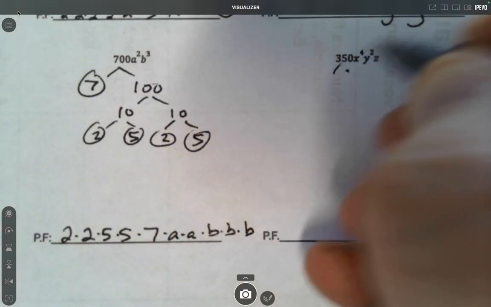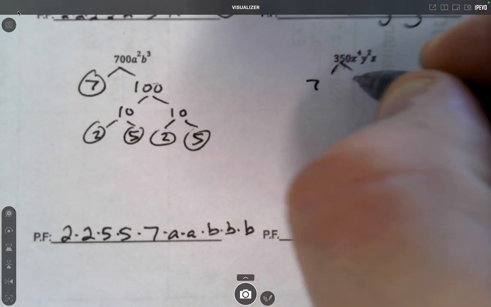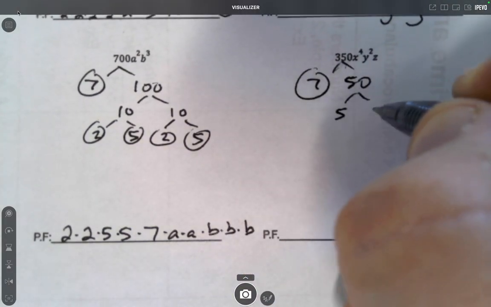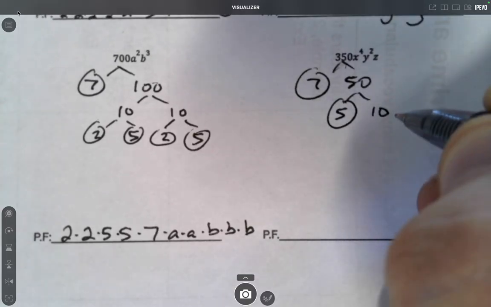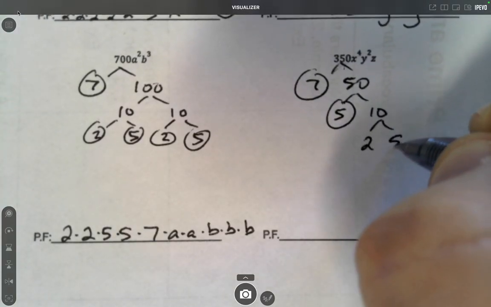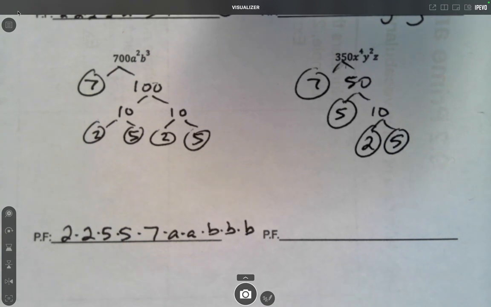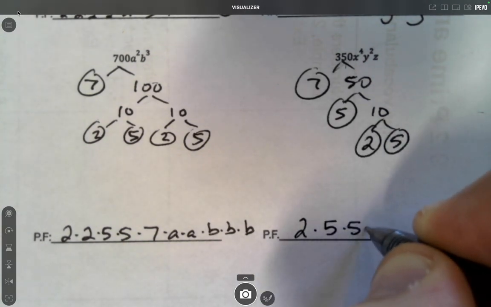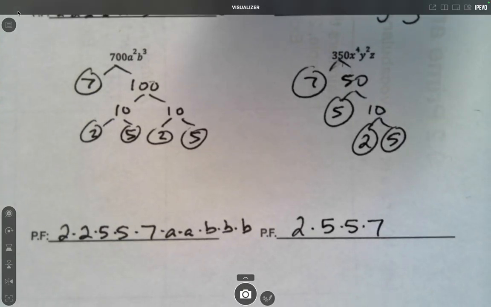Okay, 350, got 7 times 50, 7's prime. 50, we got 5 times 10, 5's prime. 10 is 2 and 5, and those are both prime. So I have 1 2, 2 5's, and 1 7.